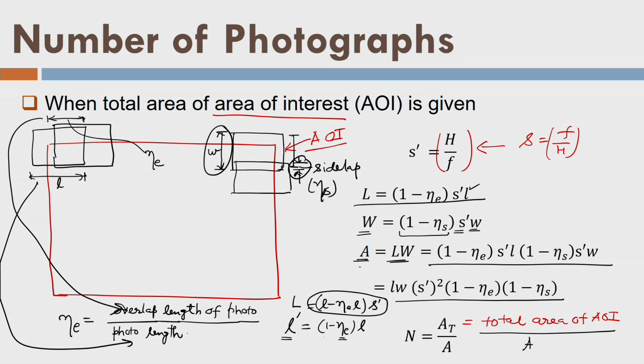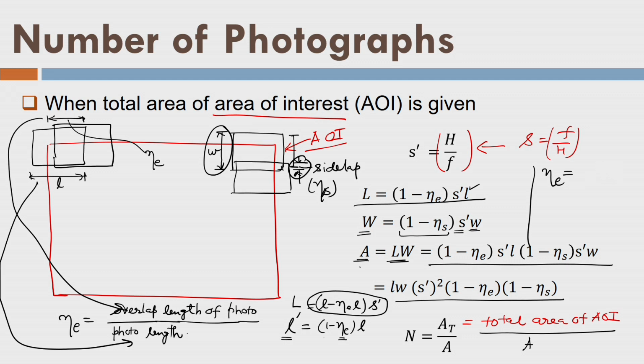Moreover, I would like to say a few things about the overlap. First of all, the overlap eta e, that is end lap, is minimum 50%, and in general it is kept at 60% as minimum, because if I have 50% overlap, what will happen?